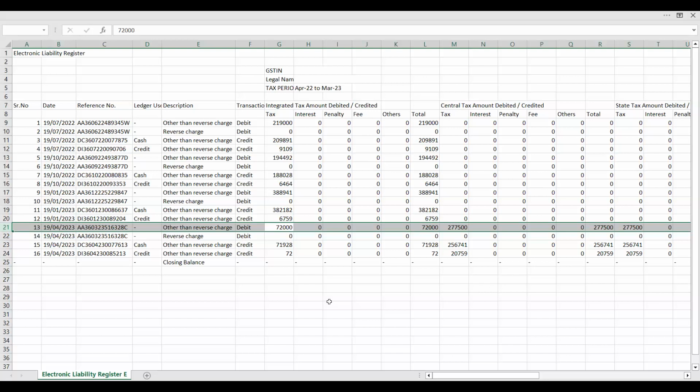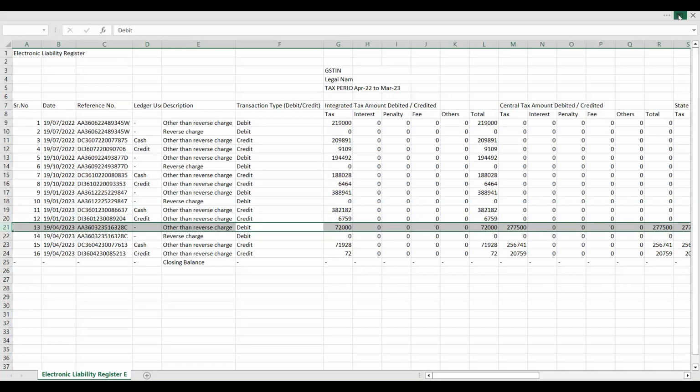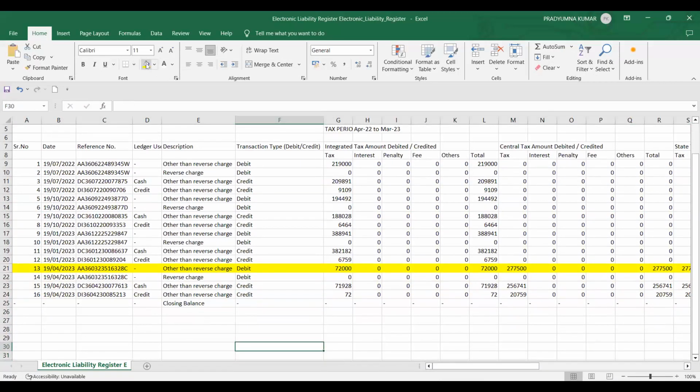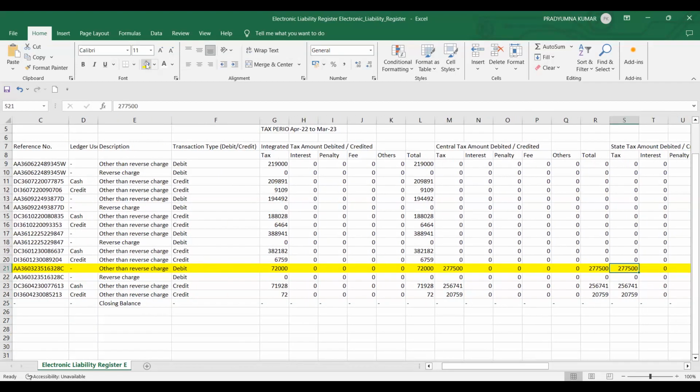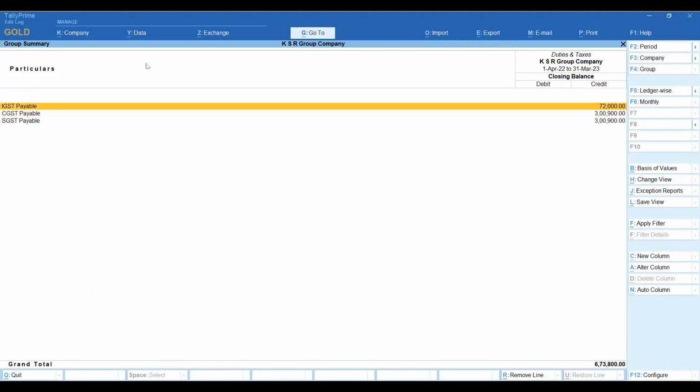You see this particular line item, there is a debit on 19th April, with transaction type debit. I will highlight this if you are getting confused. First there is a debit of 72,000, CGST 2,77,500 and SGST 2,77,500. But my ledger is showing 3,900,000 and 3,900,000. That means this assessee has reported less in 3B, though his liability was 3,900,000. That will remain as a reconciliation item.